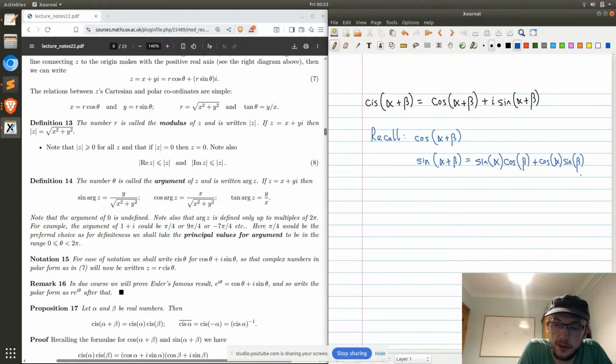Right, for example, 0 and 90. So that just turns to 1. And then that's 0. Okay, that's 0. Okay, so that just seems fine.